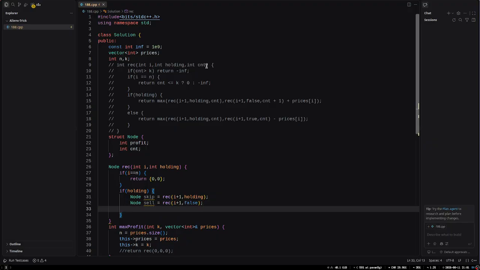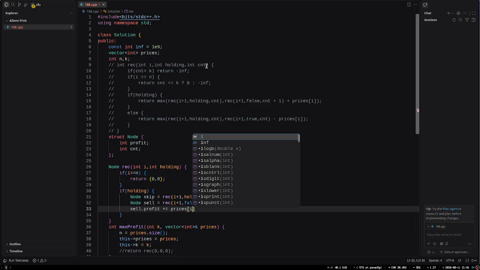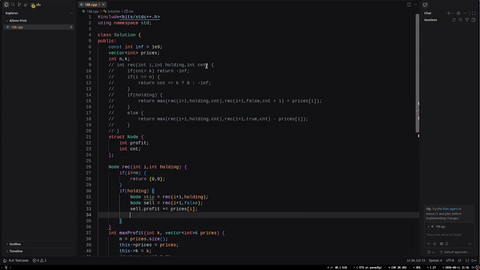And when you're selling it, the profit that is getting added to the net profit is prices of i, and the count that is getting added is 1.